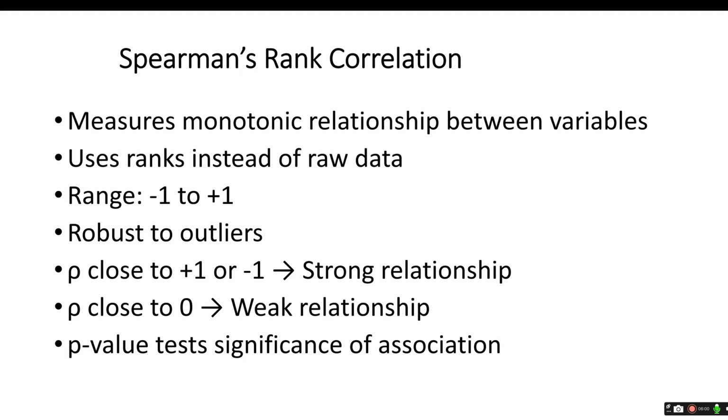Because if the scatter plot is not looking like a linear correlation, where you can't see a proper association, then the Pearson correlation doesn't work. Then we need to go for the Spearman rank correlation. It also ranges from -1 to +1.